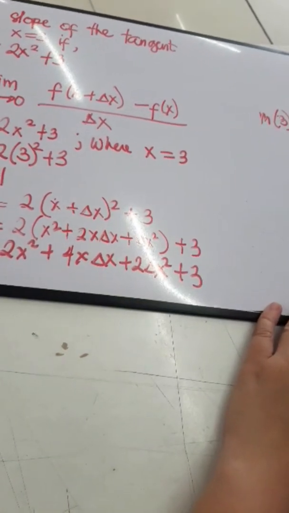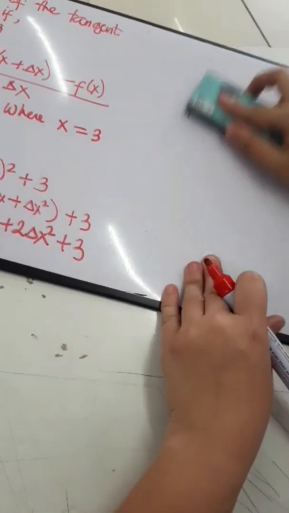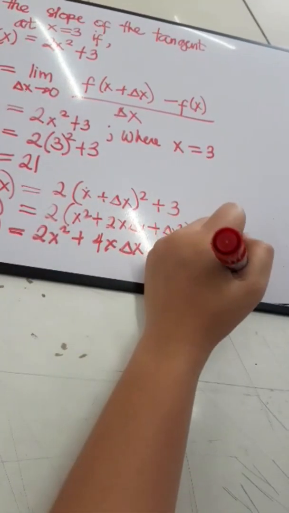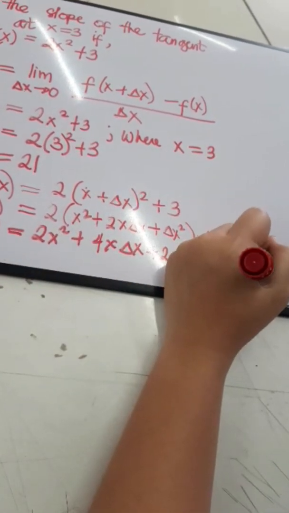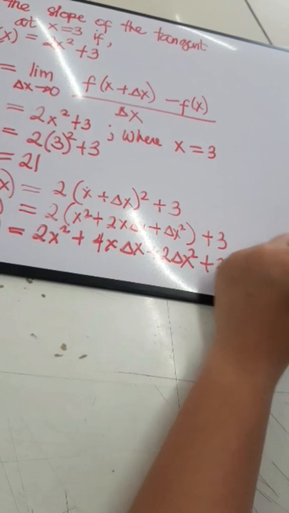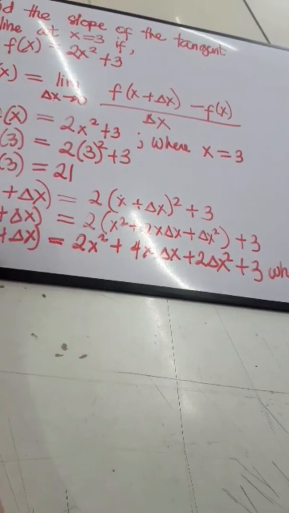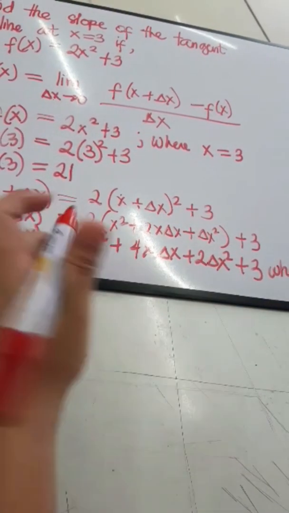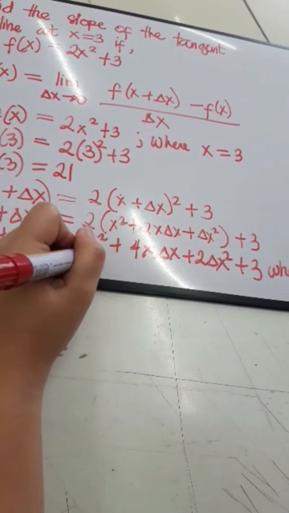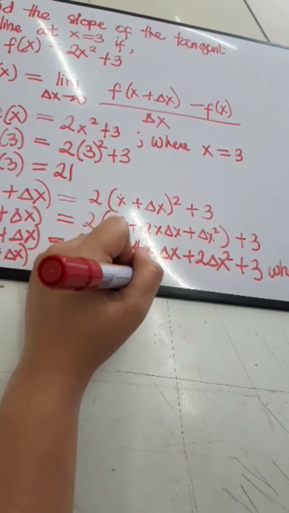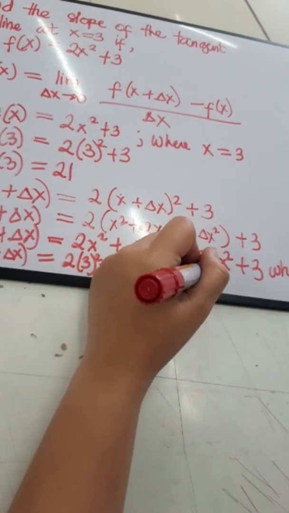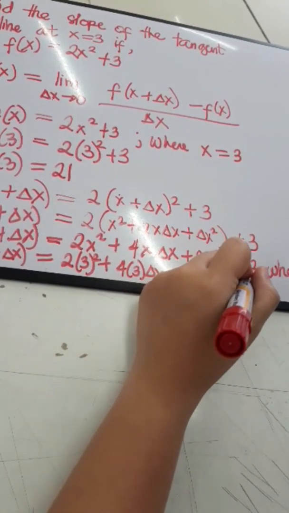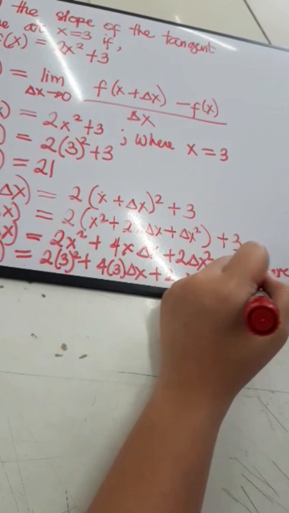So let's go back. We substitute x equal to 3, so f of 3 plus delta x is equal to 2 times 3 squared plus 4 times 3 delta x plus 2 times delta x squared plus 3.